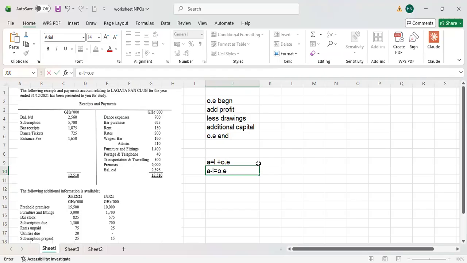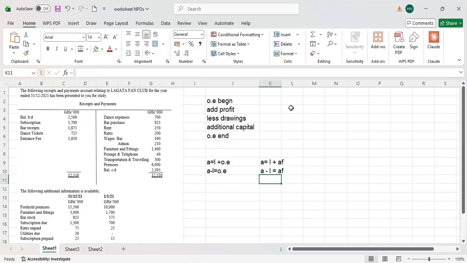In the same way, our assets equals our liabilities plus our accumulated fund, or our assets minus our liabilities will give us our accumulated fund. Same concept, different names. Okay.